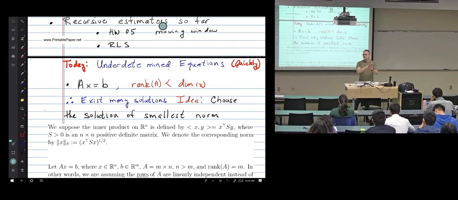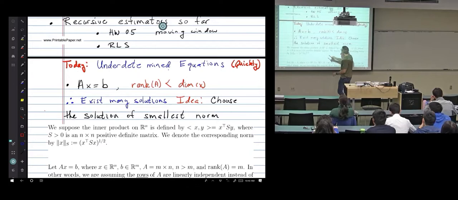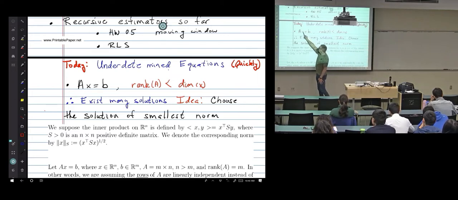I will have you derive this in homework, why this result is true. So with underdetermined equations there exists an infinity of solutions, and we're just going to choose the solution which has the smallest norm. So what is the x of smallest norm that makes this equation hold true?